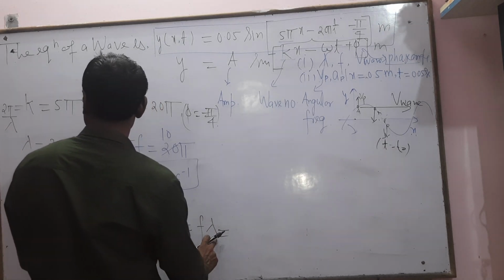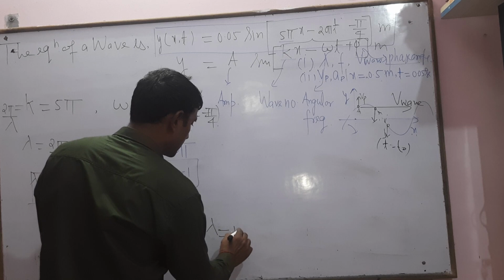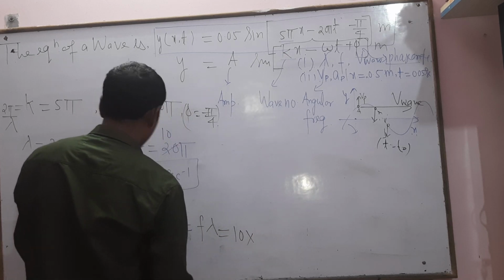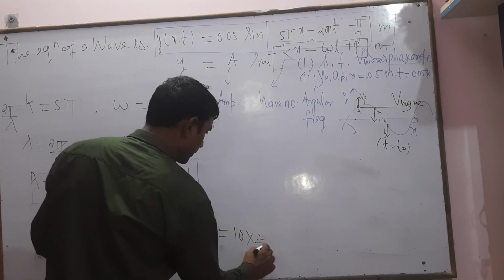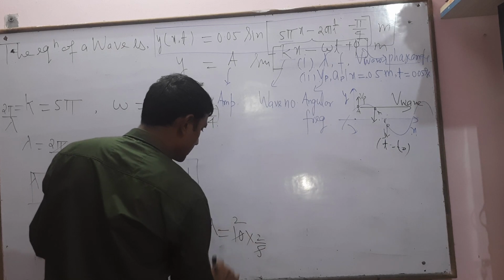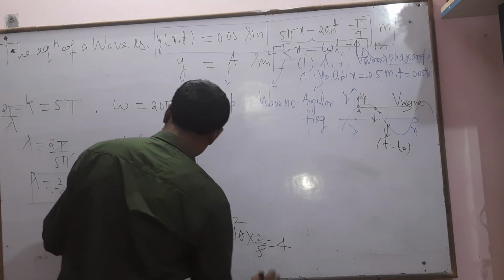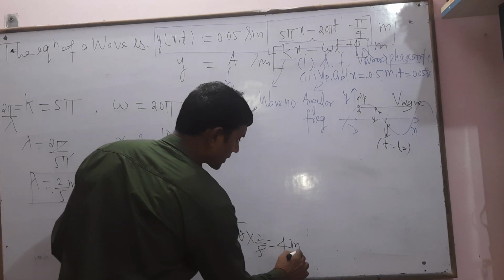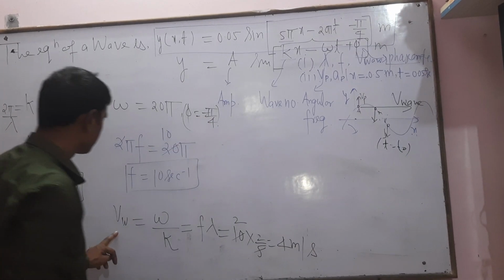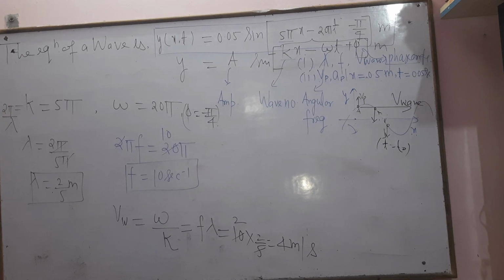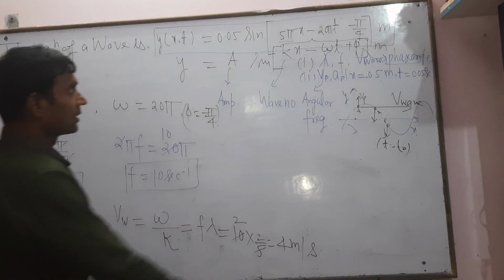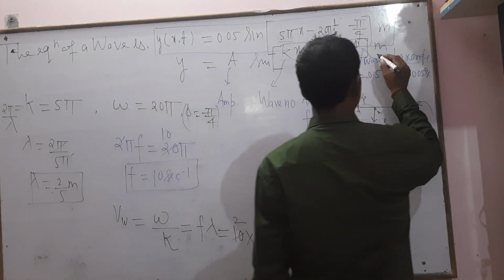The value of f is 10 and lambda is 2 by 5. So 5 into 10 gives 4. So 4 meter per second. Wave velocity is equal to 4 meter per second.